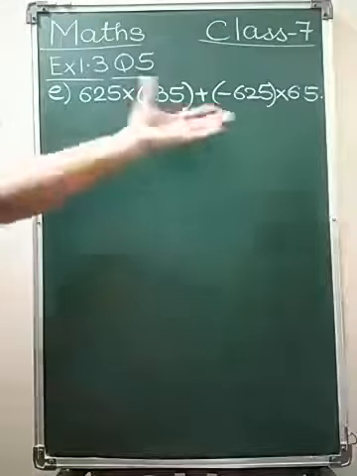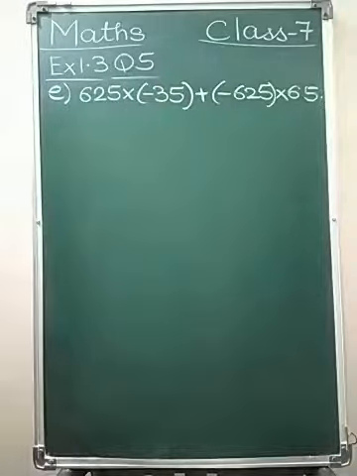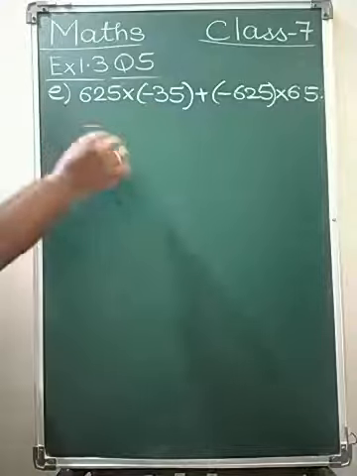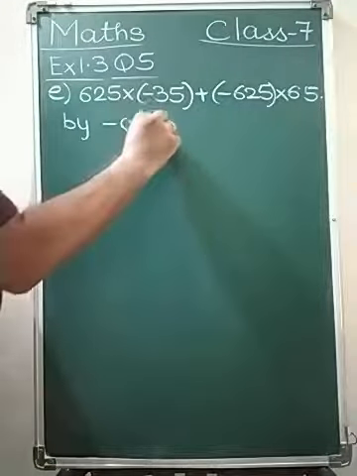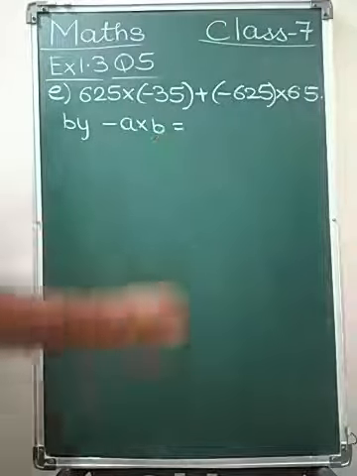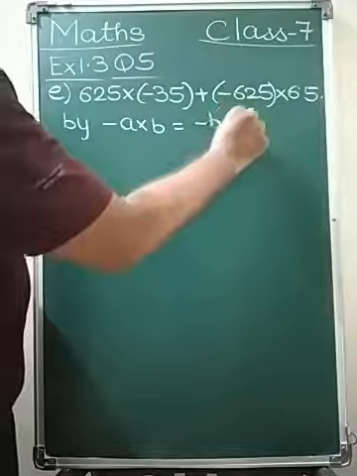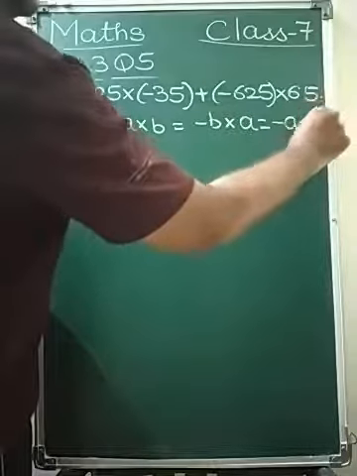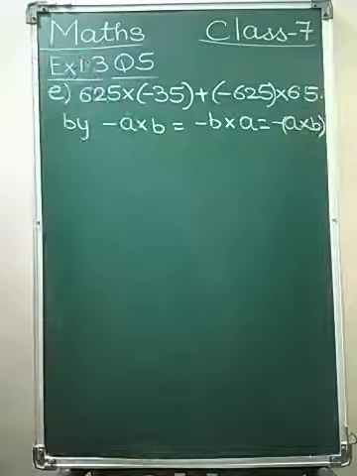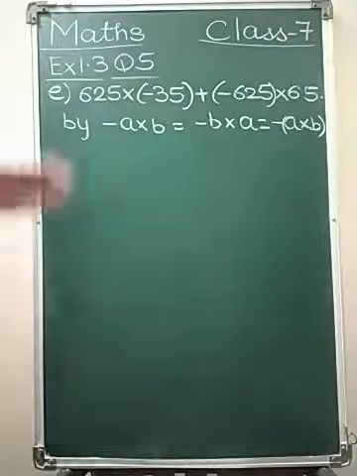So again, here in this sum we will have to do some adjustment. So in one of the properties we have written that minus A multiplied by B equals to minus B multiplied by A equals to minus A into B. Okay, what we have done?